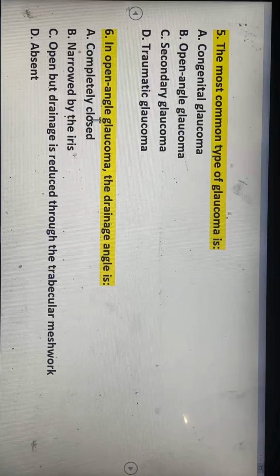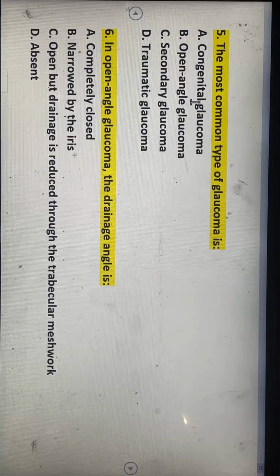In open angle glaucoma, the drainage angle is A, completely closed, B, narrowed by the iris, C, open but drainage is reduced through the trabecular meshwork, and D, absent.